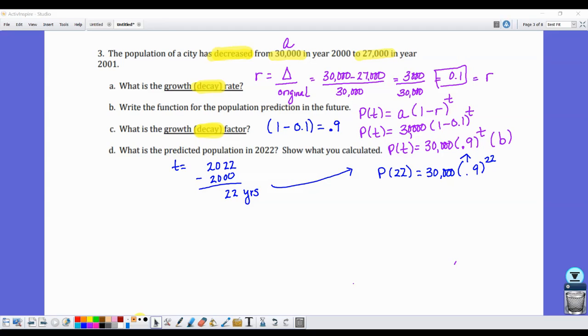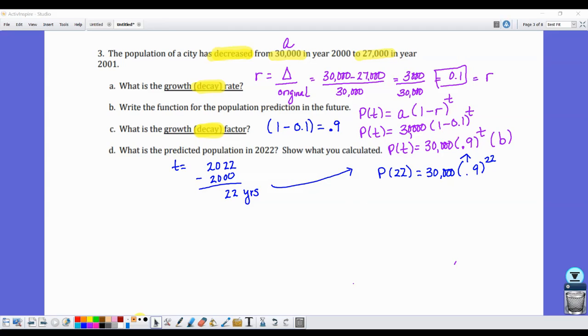And so we see that that's dropped down to 2,954.312707 people. And we know from the lesson last week that we're not going to use a portion of a person. We'll just round that to the nearest whole number, and that's 2,954.